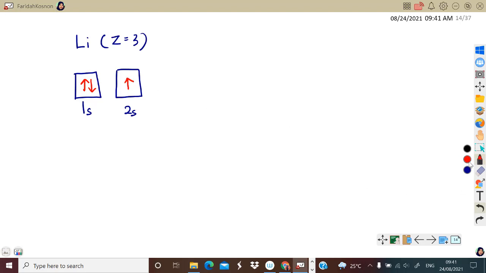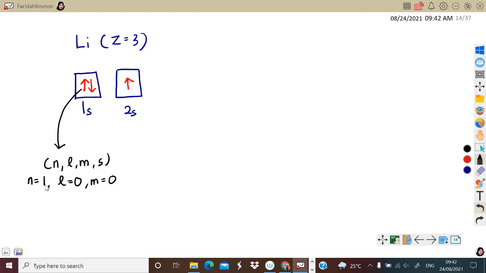Jadinya sekarang, kena faham kat sini, setiap satu elektron ini, dia ada n, l, m, s, ataupun kita panggil dia set of 4 quantum numbers masing-masing. Jadi kita tengok the first electron here. n berapa? n is 1, l is 0, m is 0.